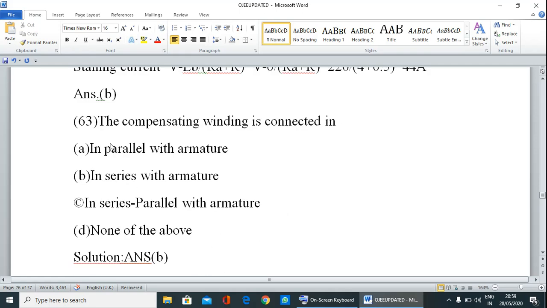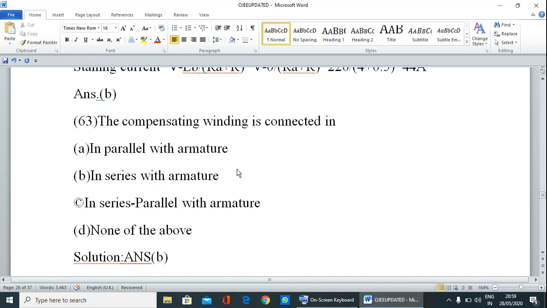The next question: the compensating winding is connected in parallel with armature, in series with armature, in series parallel with armature, or none of the above. The correct answer is in series with armature, because the compensating winding is used to reduce the distortion effect of armature reaction. Generally, when we increase the load, the armature reaction also increases.